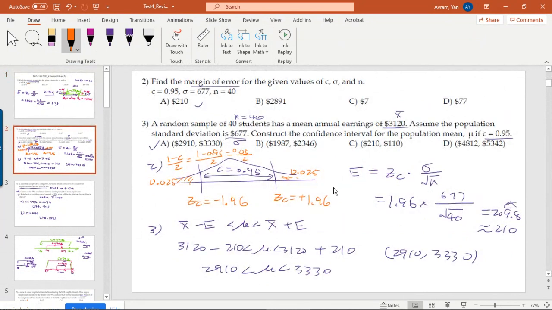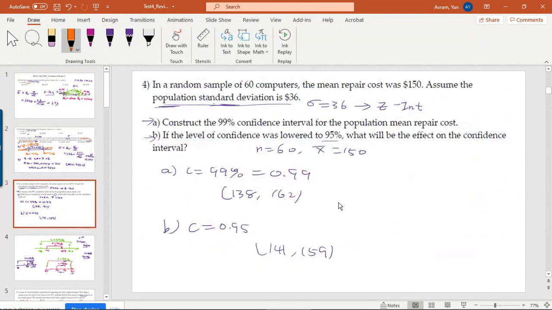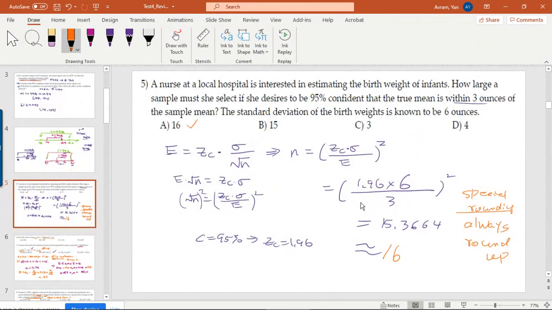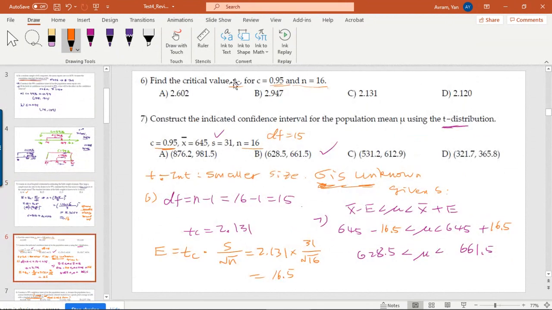This one is telling you the population standard deviation, right here, so that's why it's a Z interval. Same thing, this one is the population standard deviation right here, so it's a Z interval. This one right here gives you little s, so that's why it's a T interval.